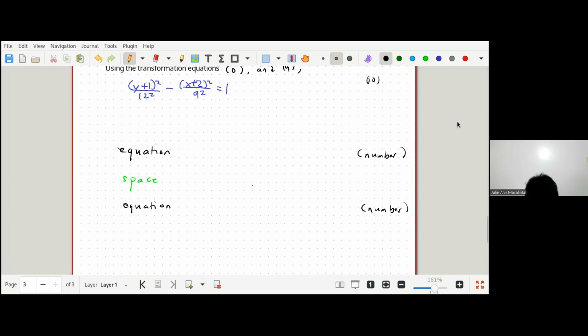So gusto kong gawin mo siya with the next problems that we do. Kahit na hindi ngayon kagad, gawin mo yun, yung equation and then space and then number. Kahit nang wala pang text. I think that's already a good habit to start with.